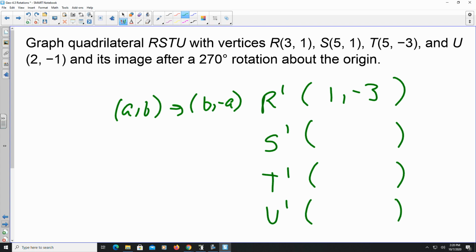If S was 5, 1, this is going to be 1, comma, -5. If T is 5, -3, then it's -3, comma, -5. And then finally, U prime is going to be -1, comma, -2.